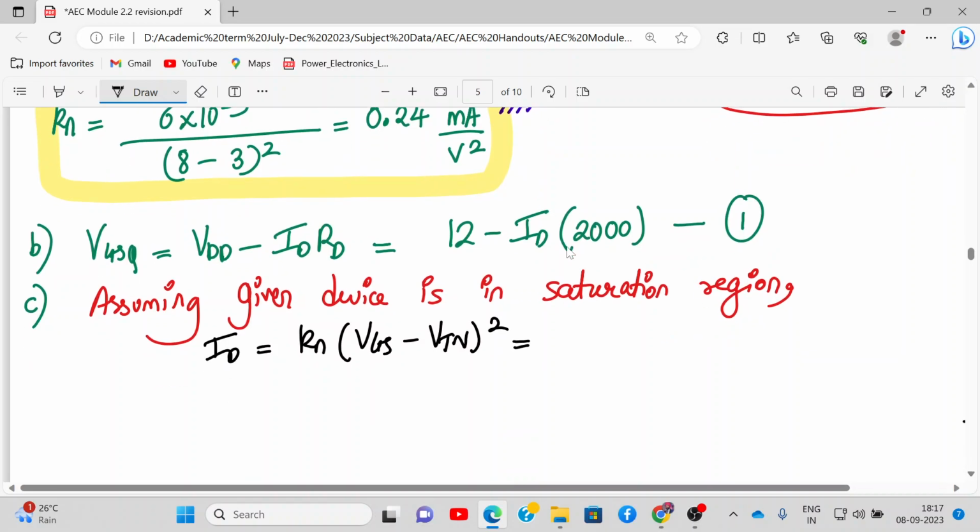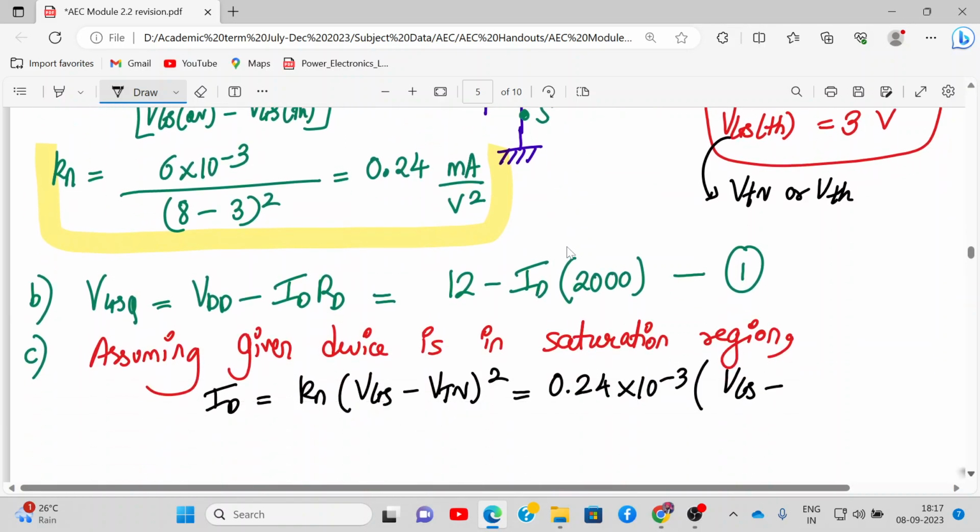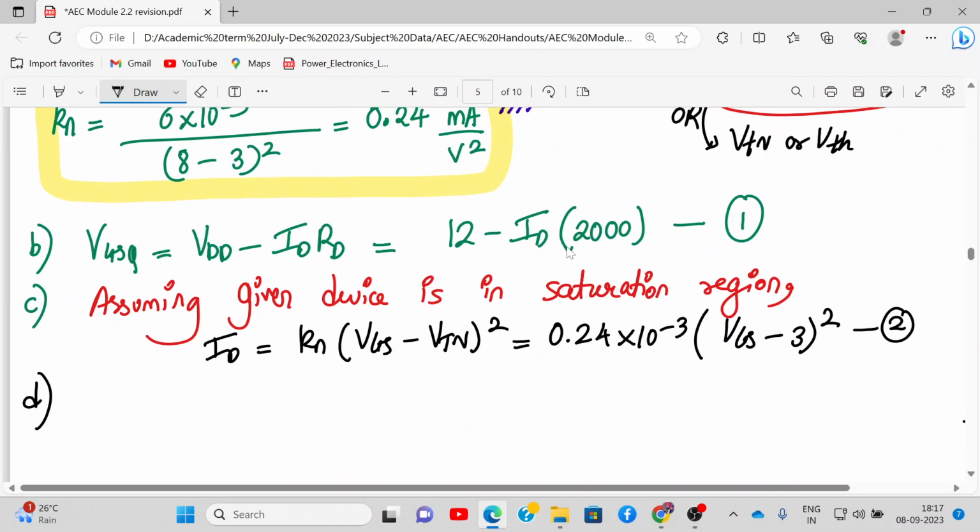So this will be, what is Kn? 0.24 into 10 raised to minus 3, times (VGS minus VTN). What is VTN? VTN is the same as this one. This is also called VTN or VTH or VGSTH. They all mean the same. So how much is it? 3 square. So call this equation number 2. Now what do we do? Put 2 in 1 or 1 in 2?